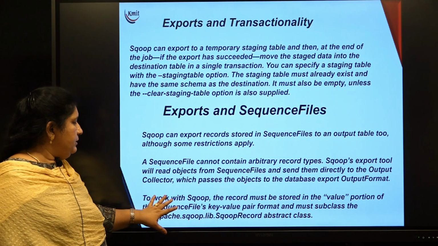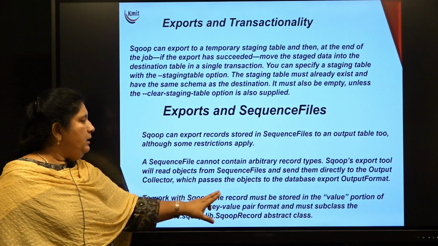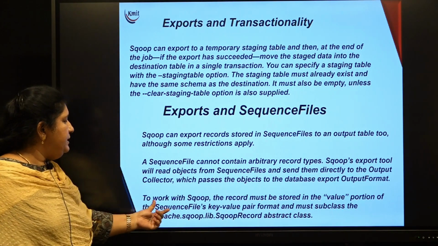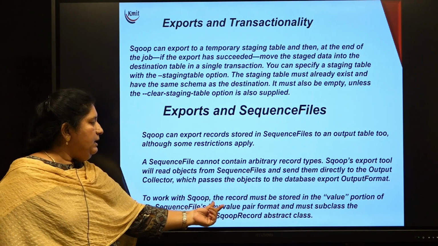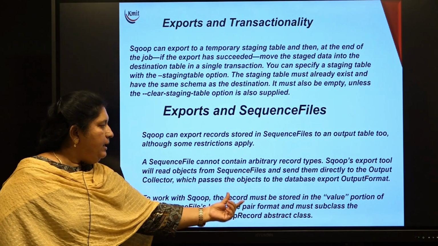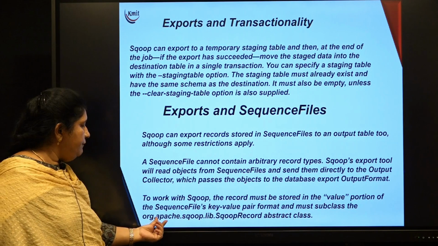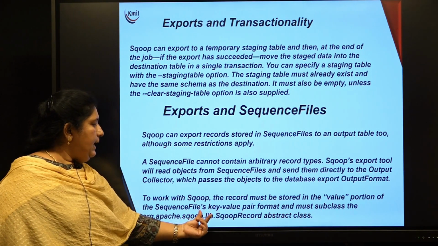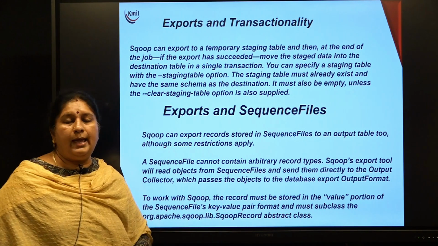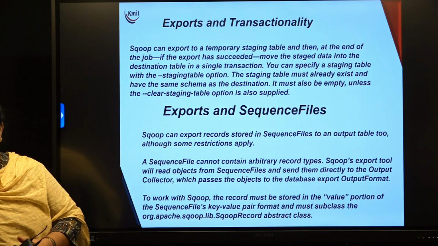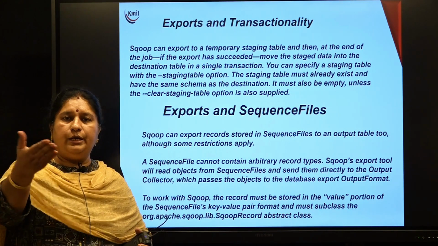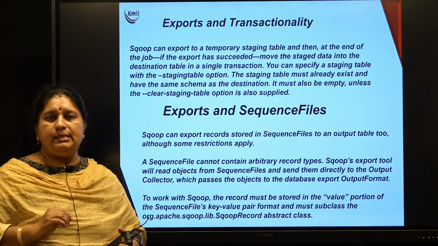And whenever we are working with Sqoop, the record must be stored in the value portion of the sequence file's key-value pair format and must be a subclass of the org.apache.sqoop.lib.SqoopRecord abstract class. So whenever you take data from a text file and export it to a table, the process is as listed out.